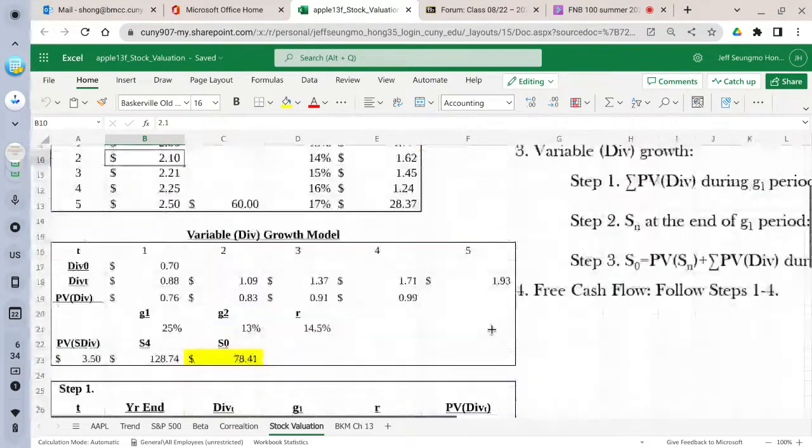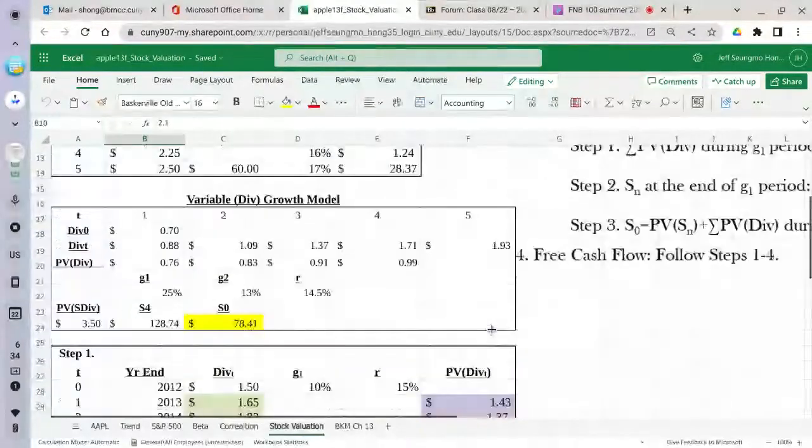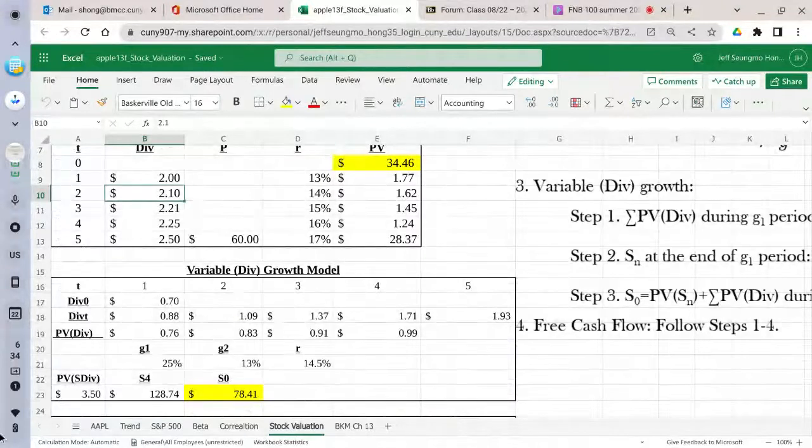The reason I wanted to show you this model, show you on Excel.